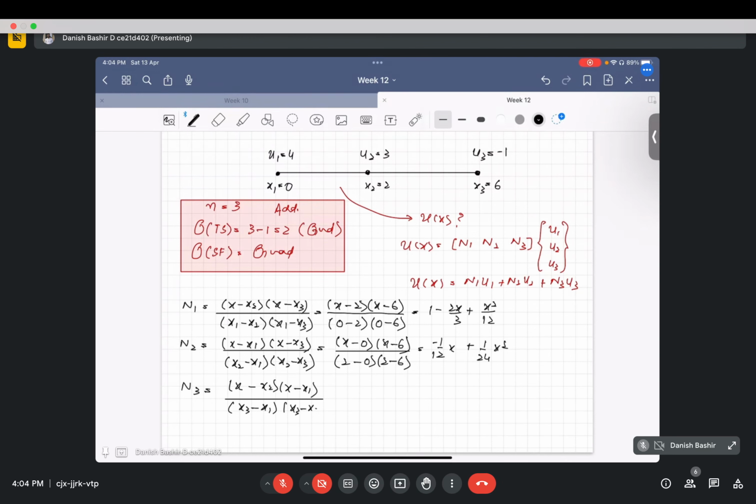Directly I will be putting the values, and I will get this to be equal to minus 1 by 12 x plus 1 by 24 x square. Actually I wrote the wrong value for N2, so N2 will be equal to 3 by 4 of x minus x square by 8. So finally you will get the value of u of x.